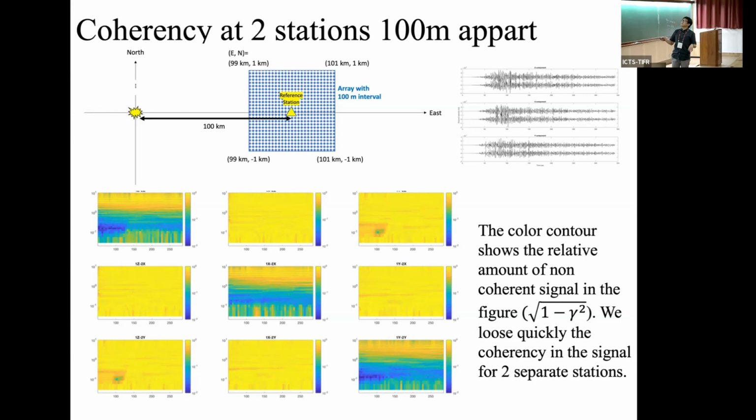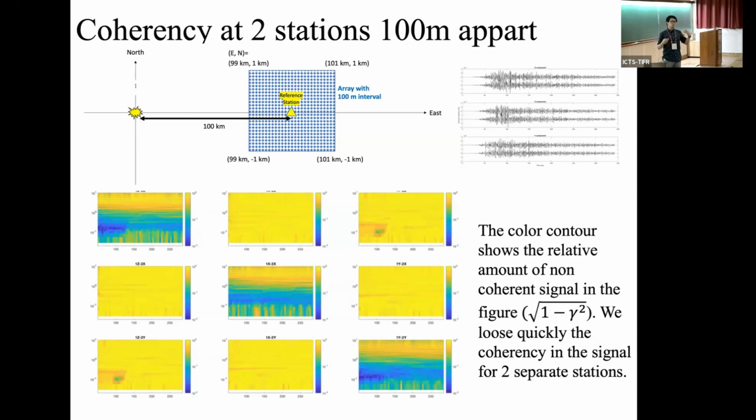So what you see is that if it's yellow, the noise is completely not correlated. Of course, the cross correlation is completely non-correlated, but even if you compare Z to Z, you quickly reach something yellow, which is almost no coherency between 2 events. And this is 100 meters side by side.